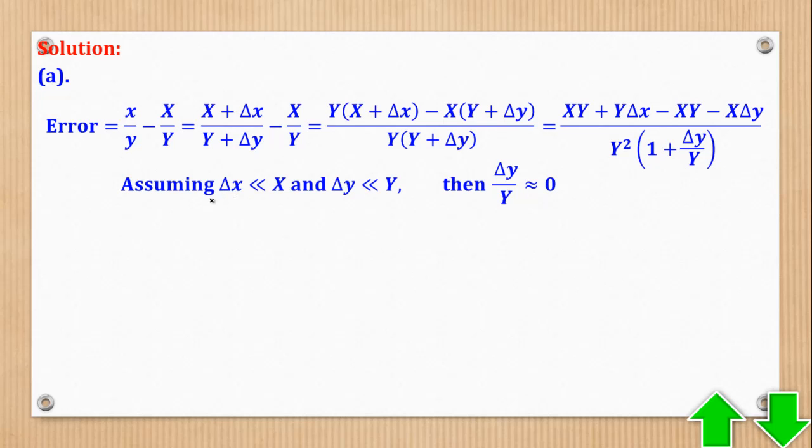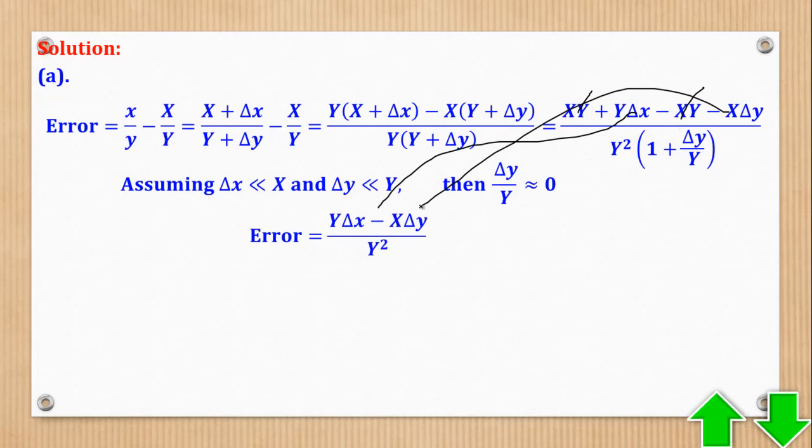We shall come and say that assuming delta x is much less than x and delta y is much less than y, it implies that this delta y over capital Y approximates to 0. So this approximates to 0, and we shall remain with, and here realize that this and this cancel, so we have this minus this, and denominator we have only this times 1.